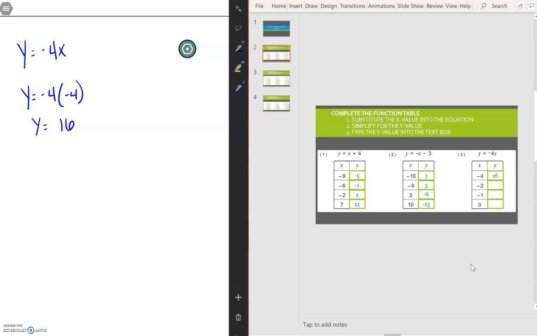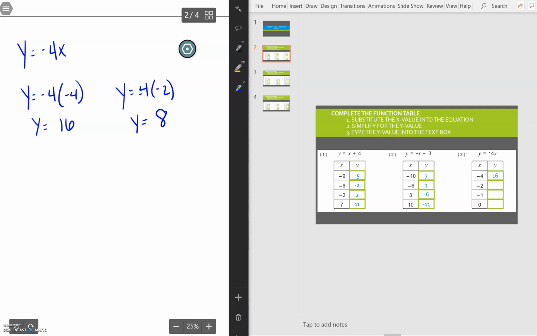Well, what about when x equals negative 2? Let's see. We have negative 4 times negative 2, which would be positive 8. So when x equals negative 2, our y value is positive 8.